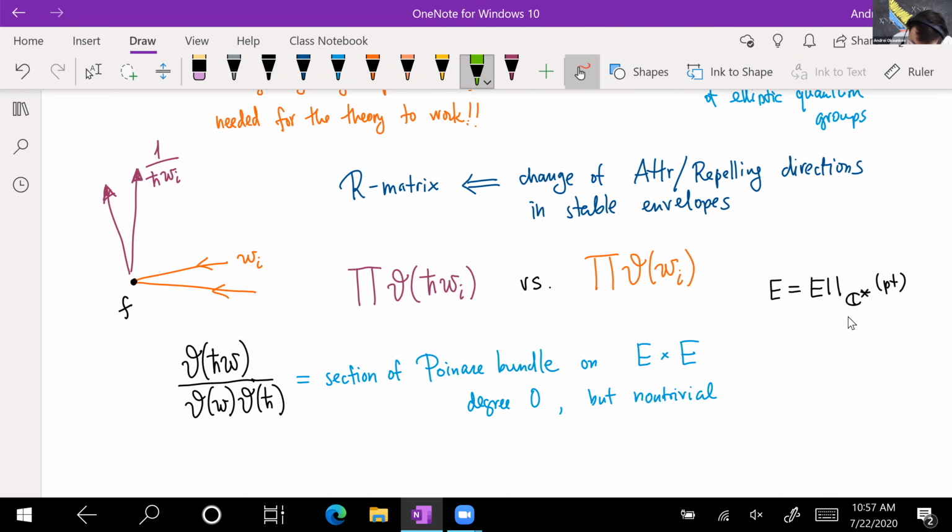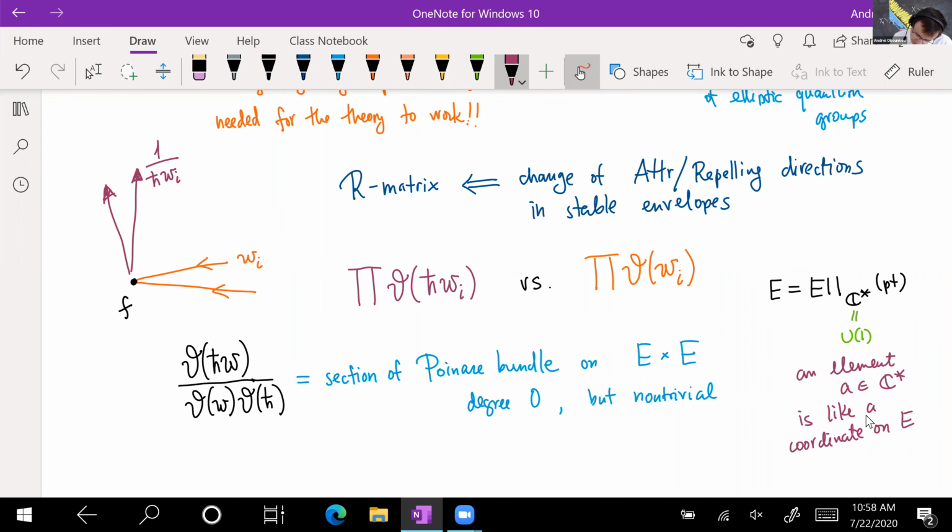If I have an element A in the group C star, you think of it as a coordinate, because you can talk about different things on the elliptic curve in terms of that coordinate.